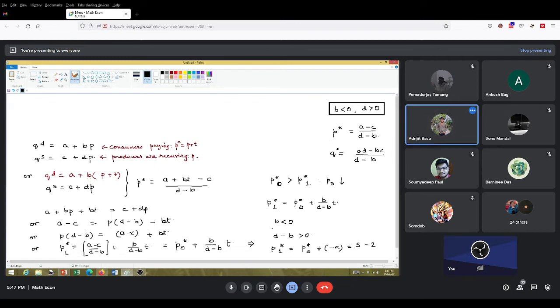Now look at how I'm defining the price. This is actually PC and this is PS. So this is the price plus tax. You can see the price that suppliers are getting plus tax, because PS and P are the same.